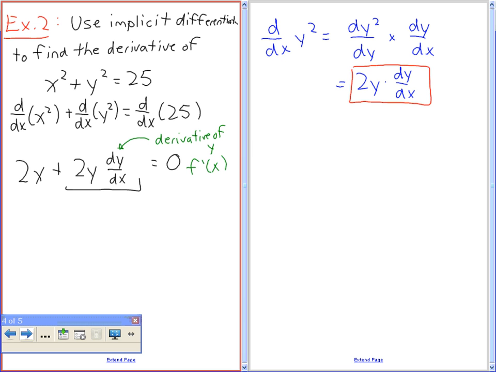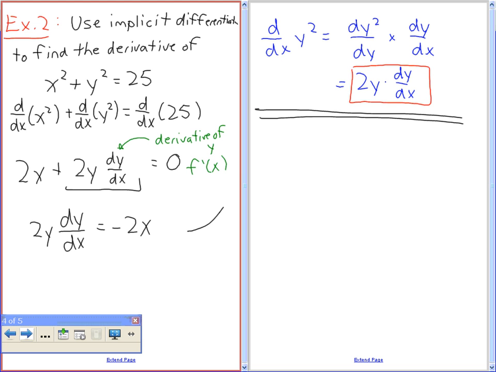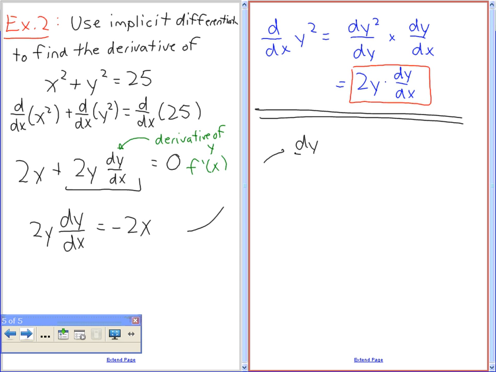Because we have to still solve it. So if I want to solve for dy by dx, what am I going to do? So 2y times dy by dx equals negative 2x. So what's dy by dx when you equal that?